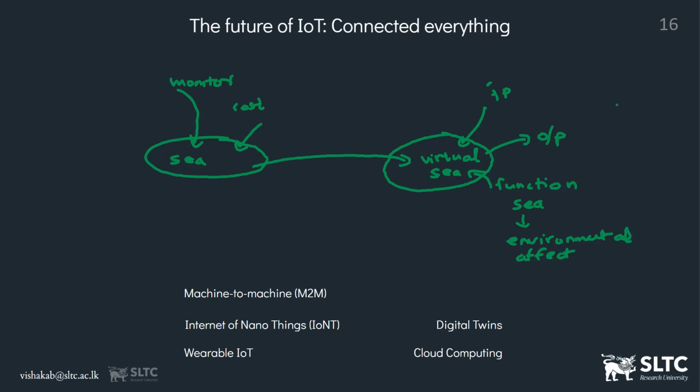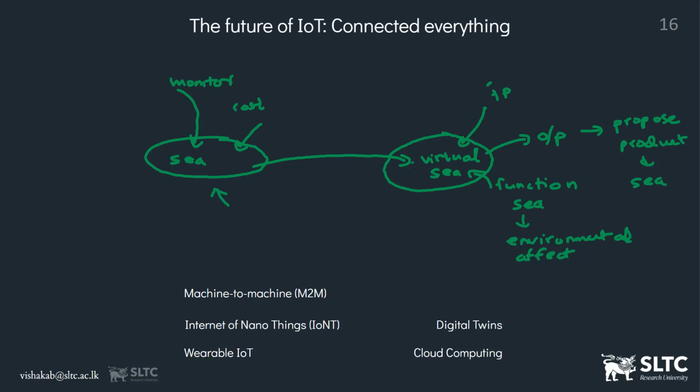Using the outputs that we observe, we can then propose some technologies or products that can be used in the sea environment, and that we can actually implement there. So this is the digital twin concept.